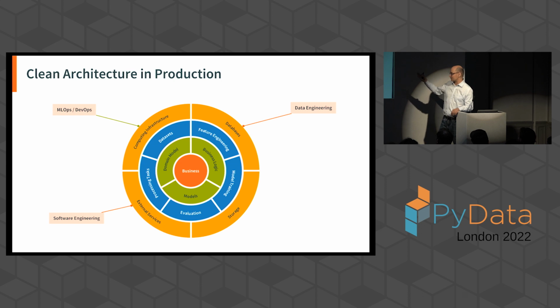And obviously, this is true for the business languages. This is surrounded by the machine learning specific techniques like data sets or training or evaluation. And only this outer layer is connected to the infrastructure, which is like databases or computing infrastructure. This has the additional benefit of outsourcing these to other teams and cooperating with other technical teams at the company, because these are decoupled from your main problem.